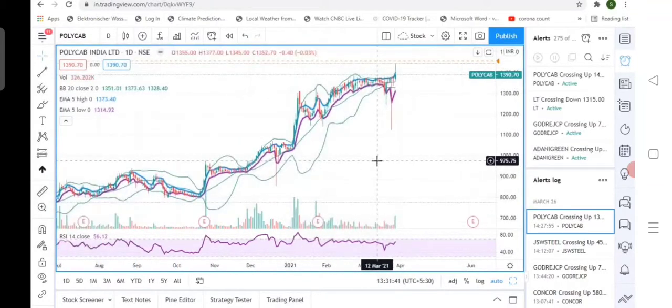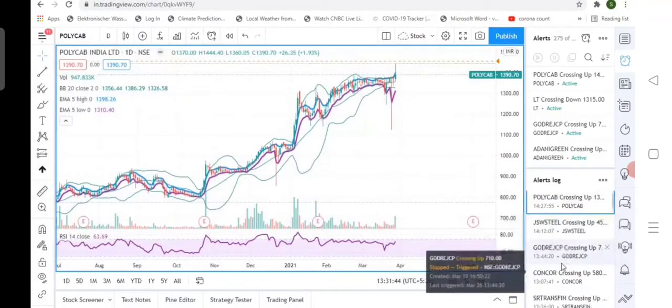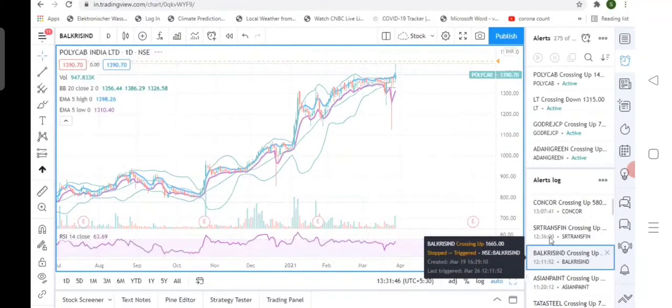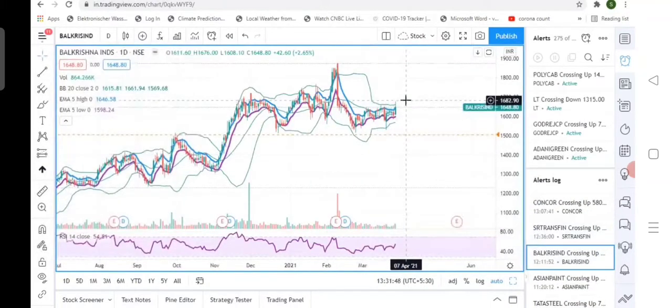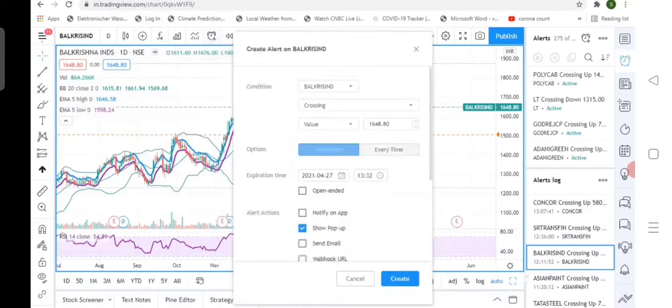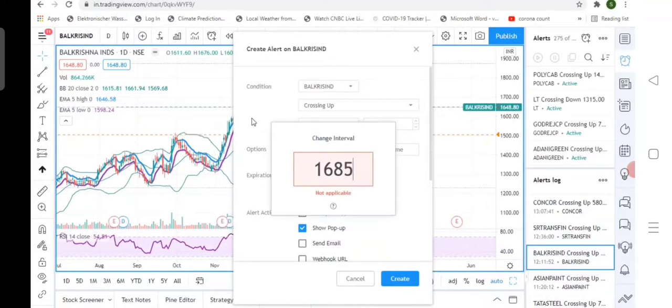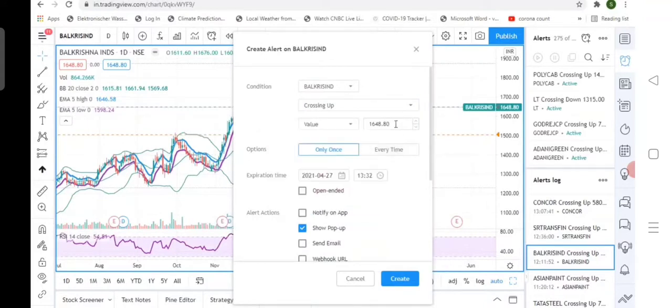So this kind of homework over a period, over maybe a couple of 200 stocks, you have to do. There are other ways also. You can scan something. So Balkrishna Industries, let me put an alert above 1685. Okay, so crossing up 1685. Sorry.